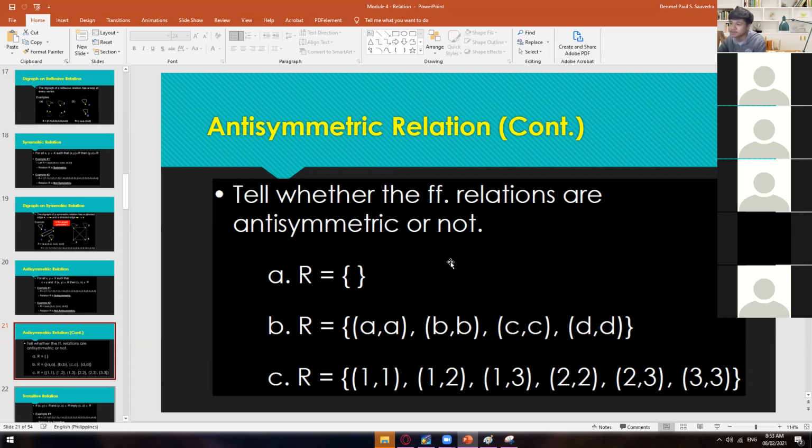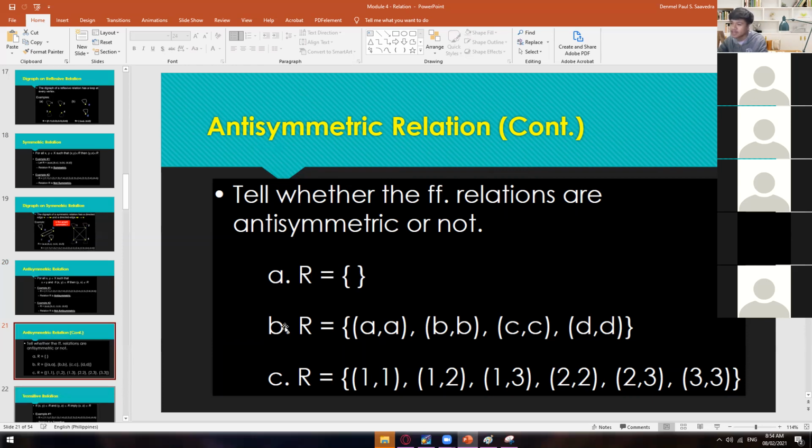If you have 1, 1, let's say 1, 2, then that's already good, already antisymmetric. But since we don't have those ordered pairs, the x and then the y, then this one is antisymmetric, rather.